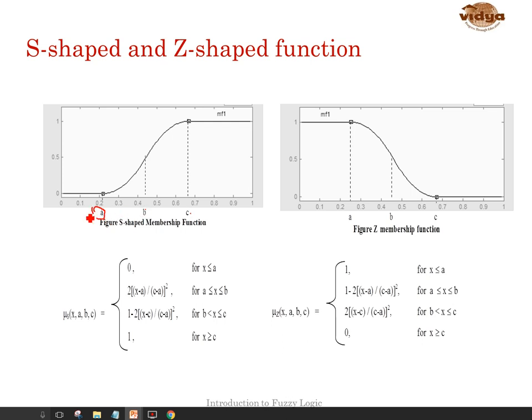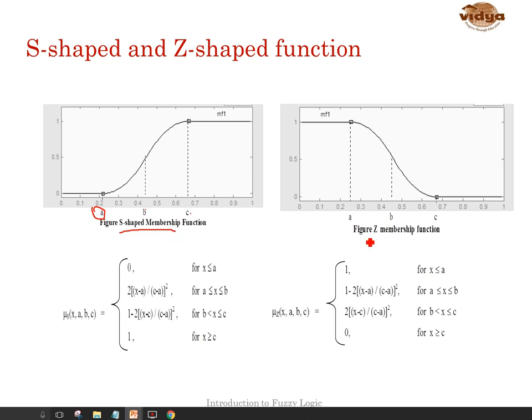If it is between A and B, this is a slope equation, (x minus A) divided by (C minus A). If it is between B and C, it is 1 minus 2 times the bracket of (x minus C) over (C minus A) squared. If you study the algebraic form of the equation, you will come across this. And if it is beyond C, it is 1. That is termed the S-shaped membership function.